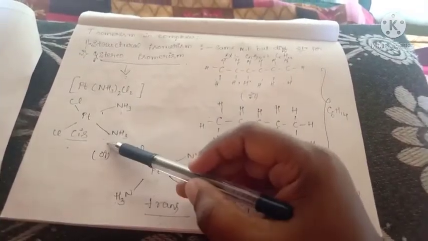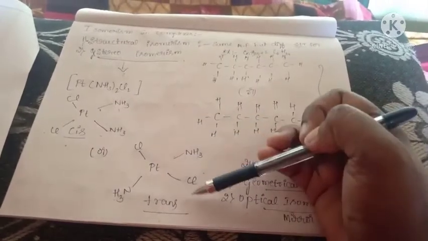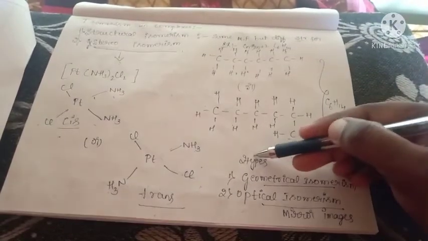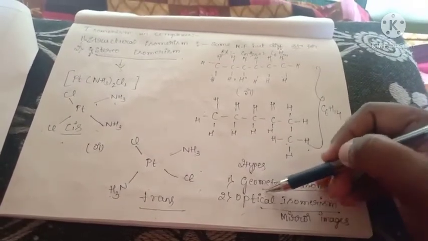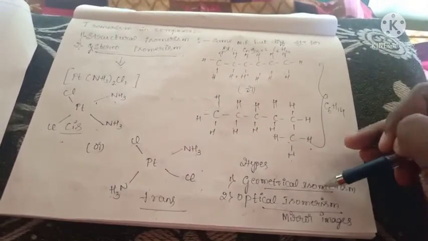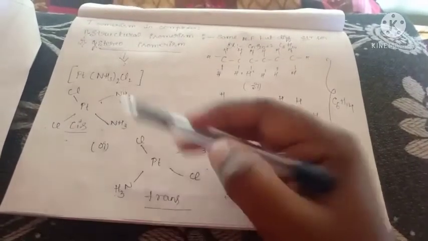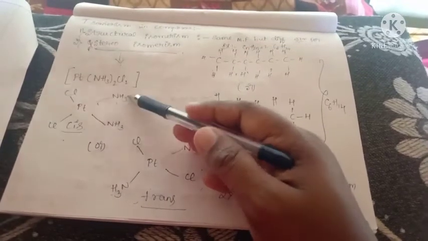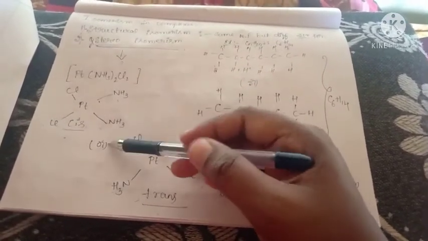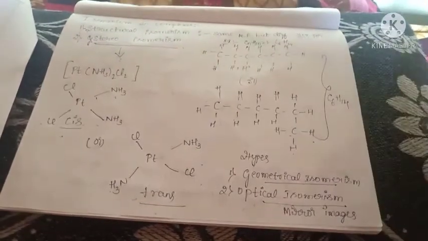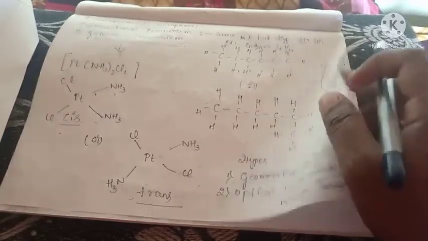Here they are on the same side, here the ligands are on the opposite side. Stereoisomerism is divided into two types: geometrical isomerism and optical isomerism. In geometrical isomerism we mainly know cis and trans isomers. In the cis isomer the ligands or groups are present on the same side. In the trans isomer the groups are present on the opposite side. Optical isomerism we consider in terms of mirror images.